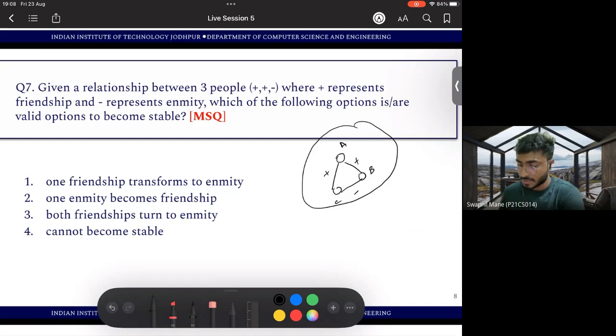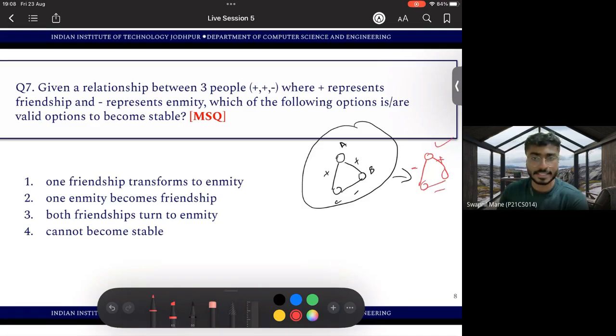The first option is that one friendship transforms to enmity. One friendship means any one positive relationship is converted to a negative or enmity relationship. So option one says one friendship is made negative, and this option is correct.